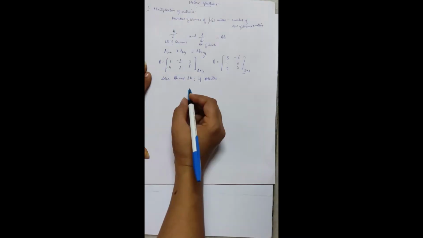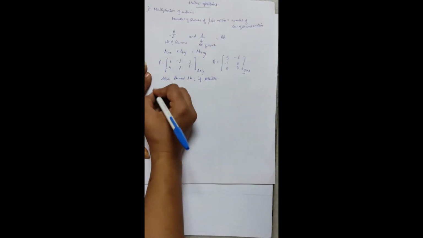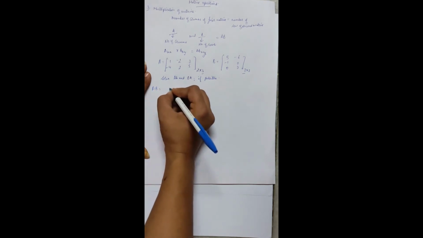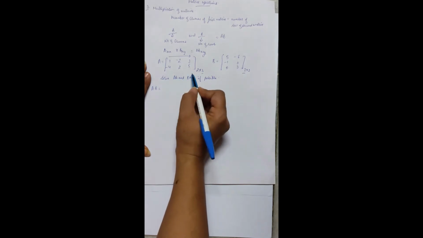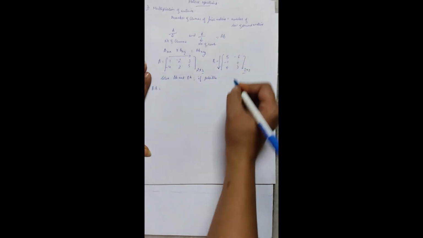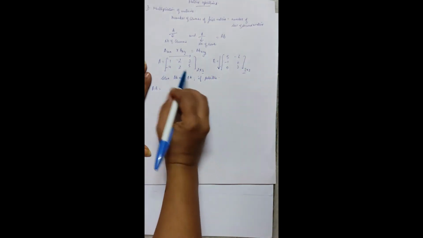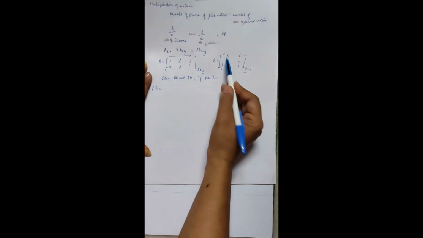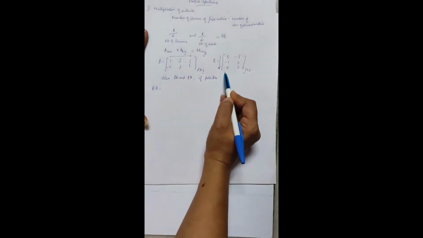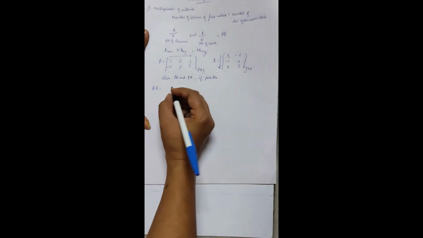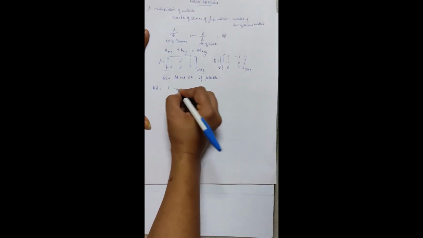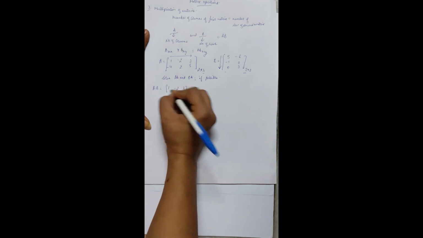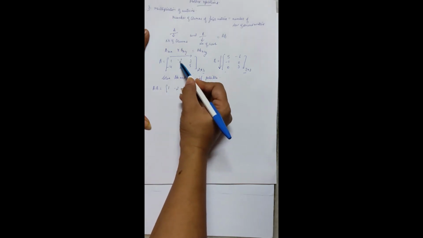To find AB, I will take the rows of A matrix and the columns of B matrix, and in this way I will start doing the sum. First I write 1, minus 2 and 3, my first row of the first matrix.